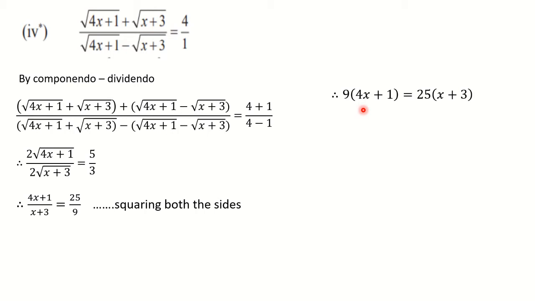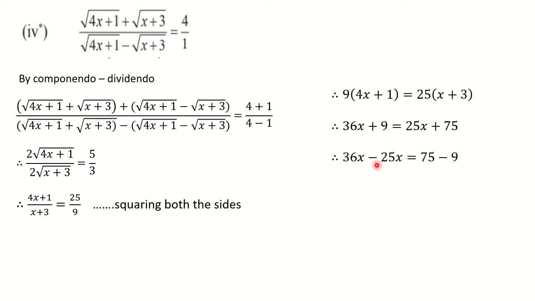Now 9 into 4, 36x, and 9 into 1 is 9. Similarly here 25 into x is 25x and 25 into 3 is 75. Let us equate the like terms now. So this 25x we will shift to LHS and this 9 we will shift to RHS. So we will get 36x minus 25x.